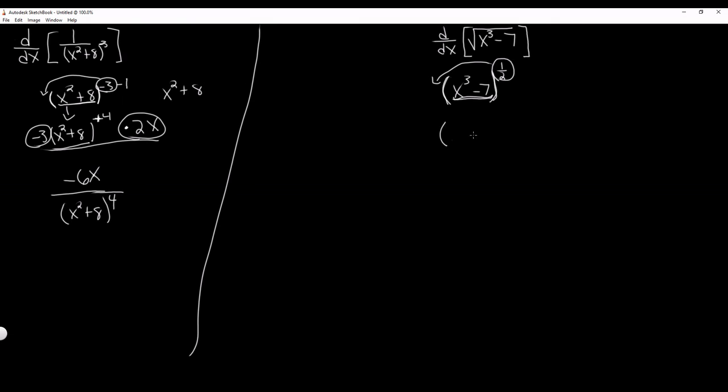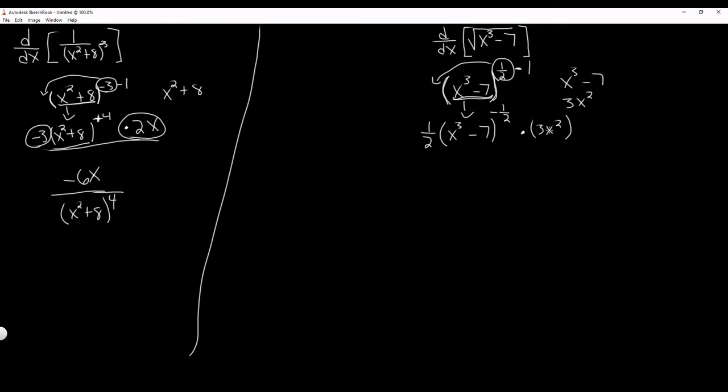So if we bring down the parentheses, we will have 1/2, subtract 1 from the exponent, which would leave us with negative 1/2, and then we bring down the inside function unchanged, x cubed minus 7, multiplied by the derivative of the inside, and the inside is x cubed minus 7. The derivative of this is just 3x squared, so multiplied by 3x squared.